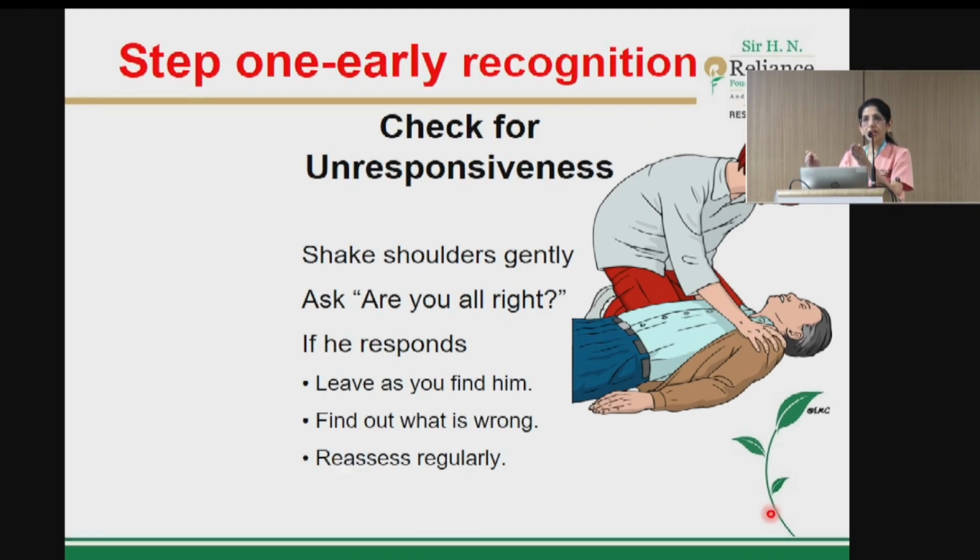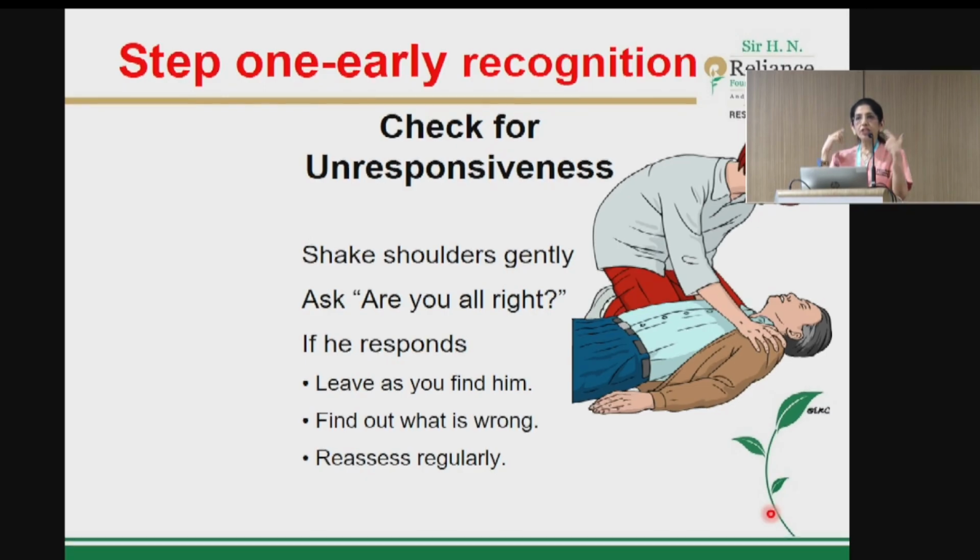Get the patient out from that scenario, place him in a safer place, and then start with the steps of resuscitation. First is to recognize the arrest. How do we recognize a patient who is not responding? The best way is to tap on the shoulder. You have to be loud enough and audible.